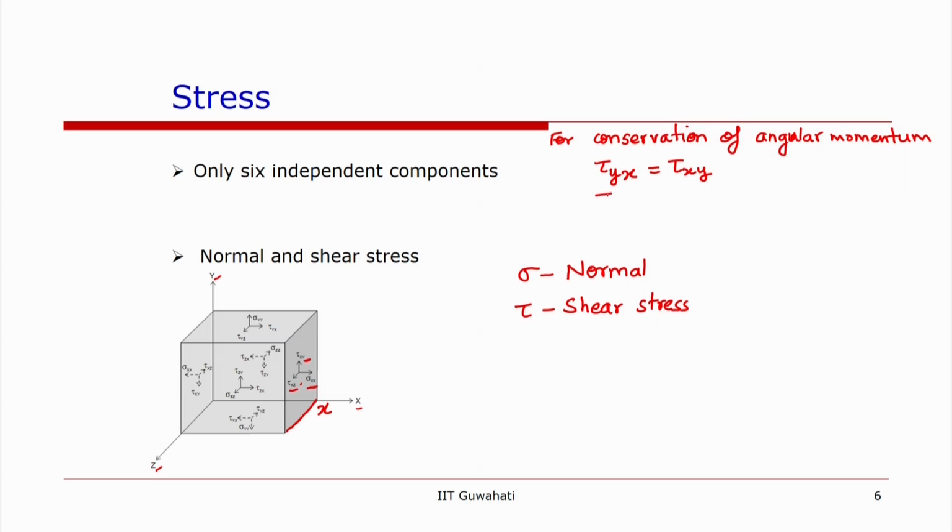Similarly, tau yz is equal to tau zy, and tau zx is equal to tau xz. So that means that there are only 6 out of 9 components of stress. There are only 6 stresses that are independent.